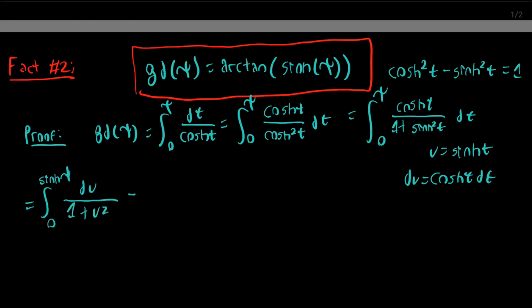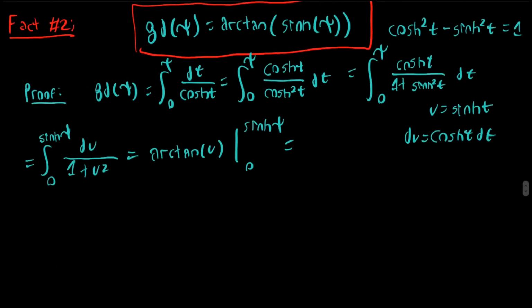This is just the arctangent of u evaluated between 0 and sinh of psi, and this just reduces to the arctangent of sinh of psi, and this completes the proof of this fact.